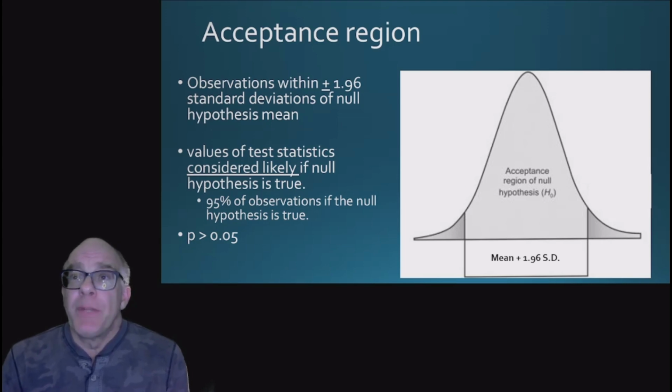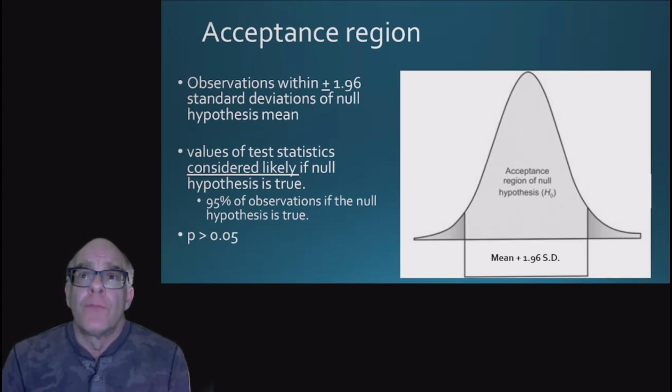And so the acceptance region, we're basically looking at whether or not our observed results are similar enough to our expected results based on our null hypothesis that we are going to be accepting our results as being due to chance alone.